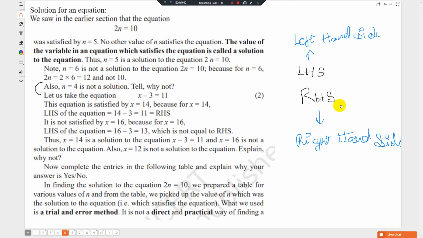Left hand side means the side to the left of the equal sign, and right hand side means the right side of the equal sign.